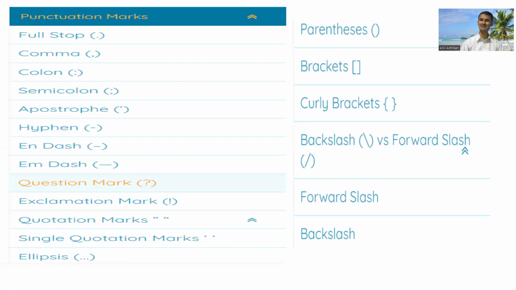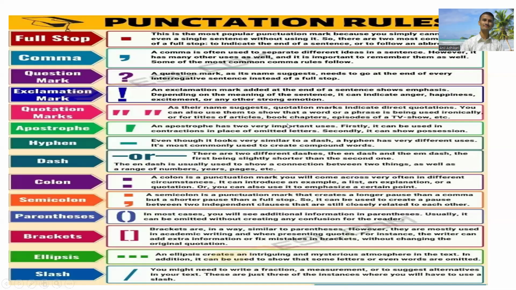But in this class, we are going to learn about full stop, capital letter, comma, colon, semicolon, apostrophe, hyphen, question mark, exclamation, quotation, single quotation, etc. Okay, now let's go ahead. These are the punctuation rules: full stop, comma, question mark.